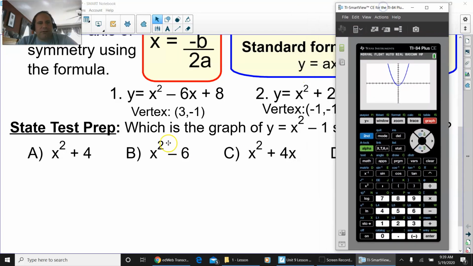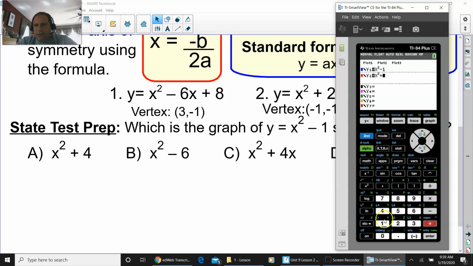And we are going to just start graphing. So we have y equals, again, we're going to press y equals, we're going to put x squared plus 4, which looks like it might, since this is a -1 and this is a plus 4, that really does look like it might work.